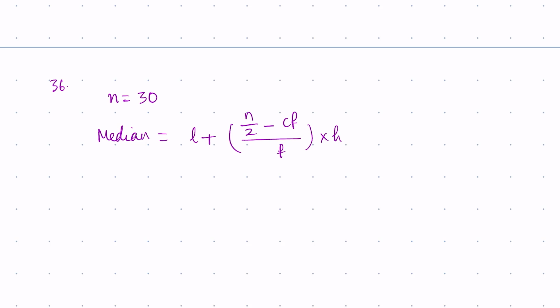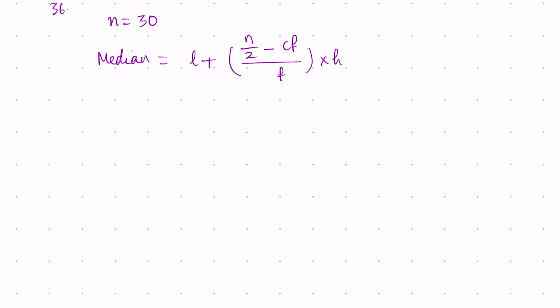So let's make a table. This is the class, and then we have frequency, and then we have cumulative frequency.